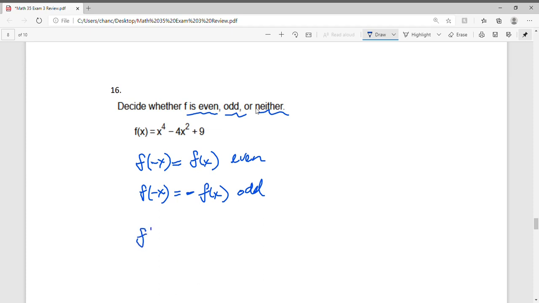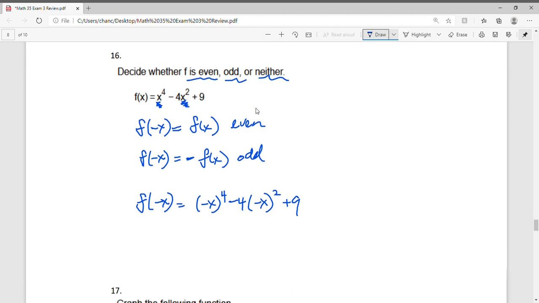Let's plug a -x into the function. We have f of -x equals (-x) to the fourth minus 4 times (-x) squared plus 9. Again, I'm just plugging -x into our x values. (-x) to the fourth simplifies to x to the fourth, and -4 times (-x) squared simplifies to -4x squared, plus 9.